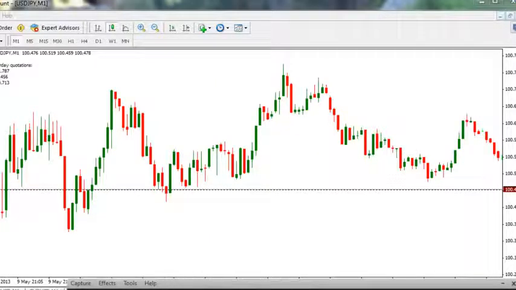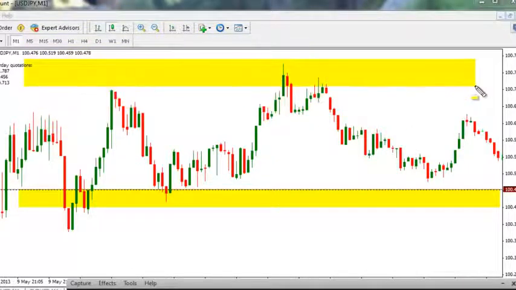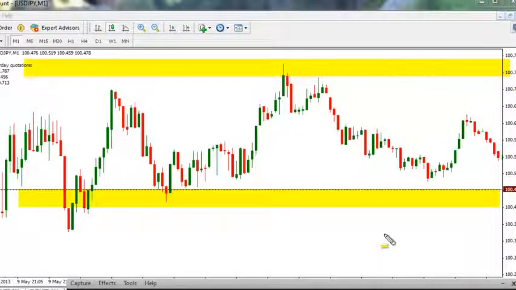Just to simplify things again, looking for calls at the bottom, right here at the bottom, and then puts at the top where we see a resistance area. We can see this entire area is acting like resistance.